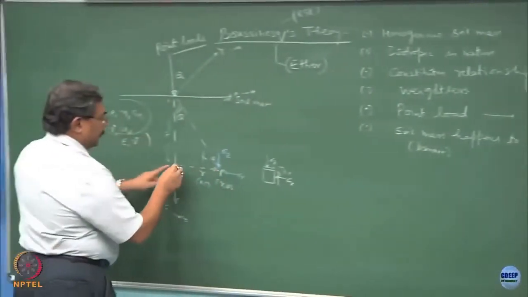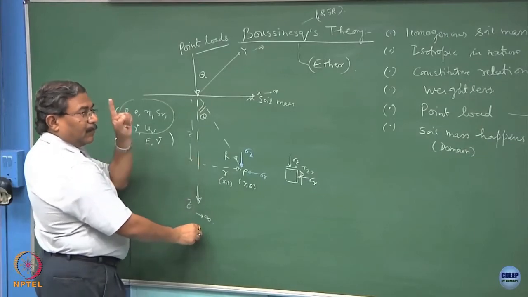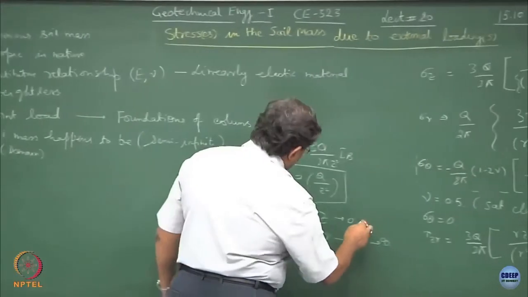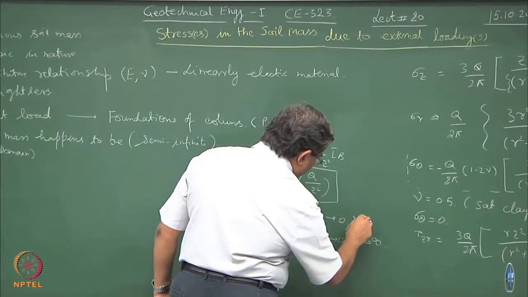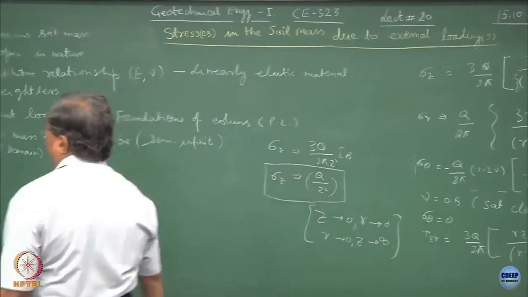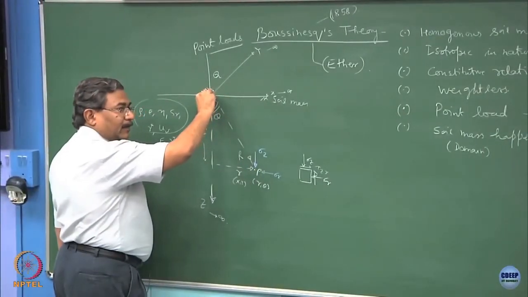R tends to 0 means on the z axis and z tends to infinity. This is one of the situations in which I will be interested. The second thing in which I will be interested is z tending to 0, r tending to 0. So, z tending to 0, r tending to 0 is this point, clear.